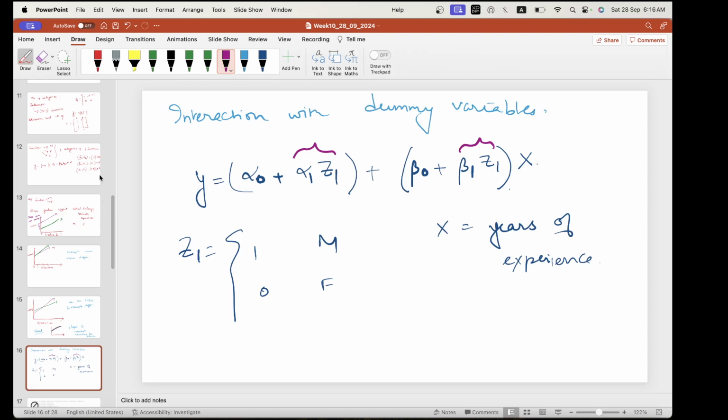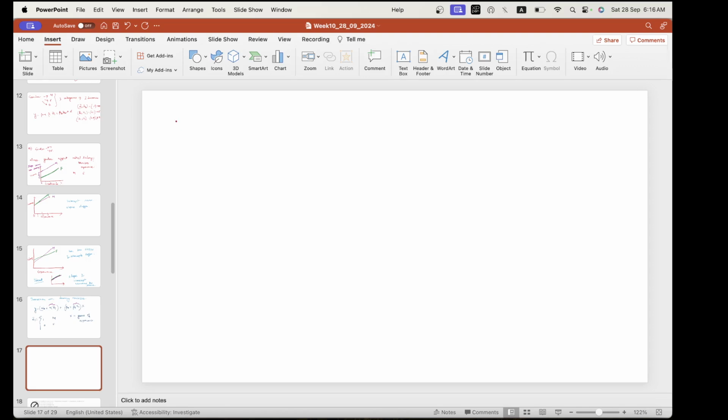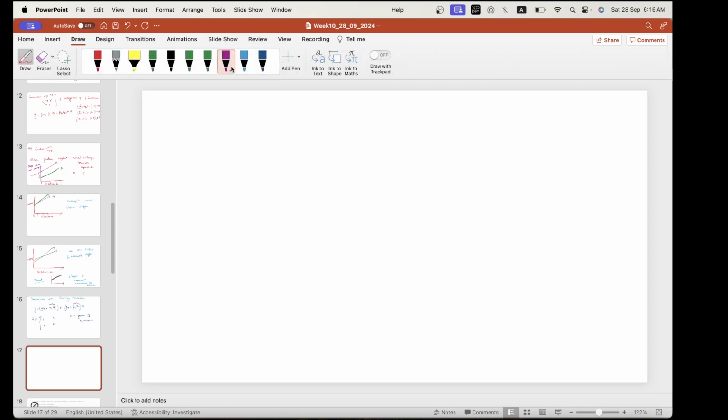Okay, so if we try to expand it, what did we have? We had y equal to alpha naught plus alpha 1 z1 plus beta naught plus beta 1 z1 into x. All right, so let's say for males, what do we have?